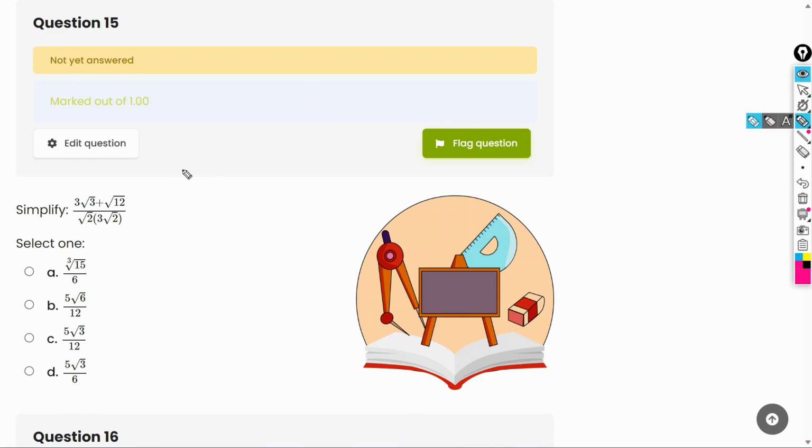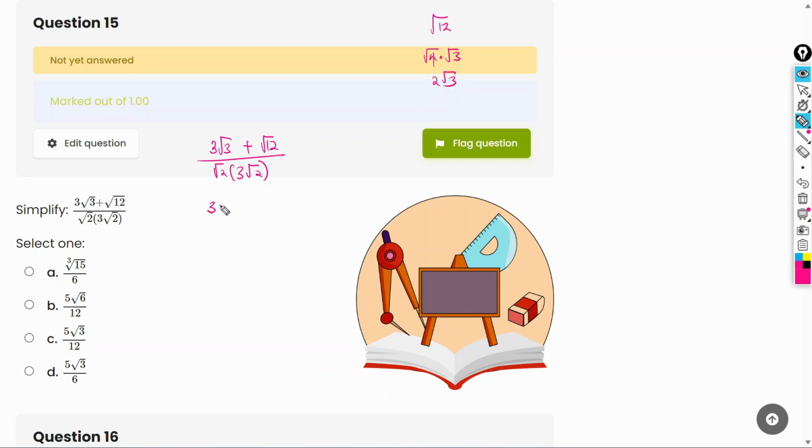Question 15. We have to simplify 3 root 3 plus root 12 over root 2 times 3 root 2. Alright, so we can simplify root 12. Root 12 can be written as root 4 times root 3, which is just 2 root 3, right?